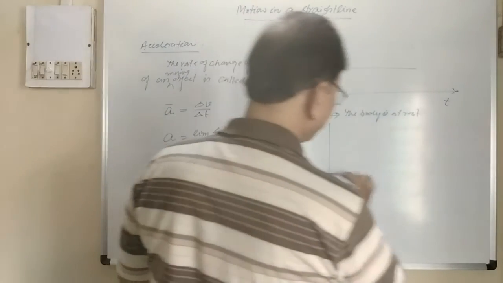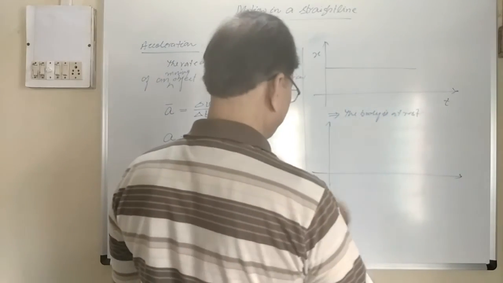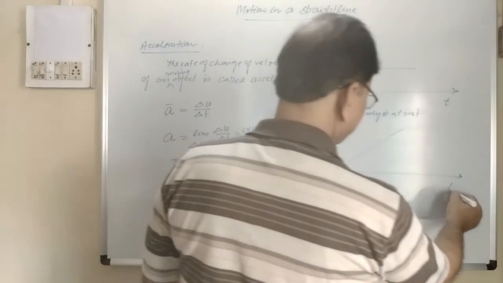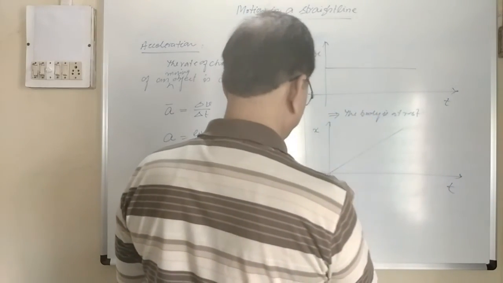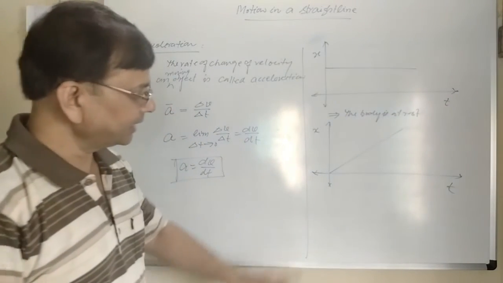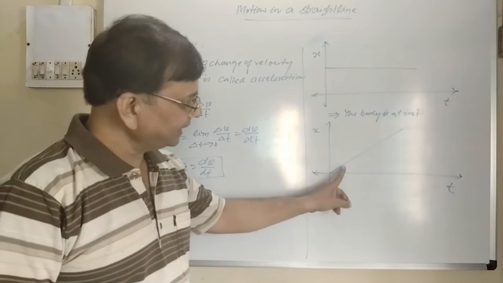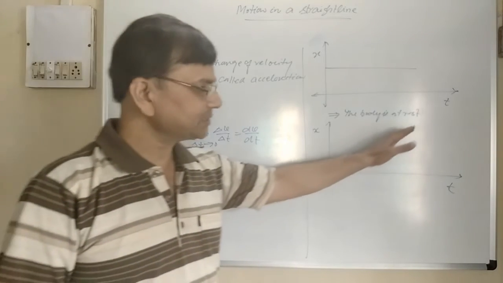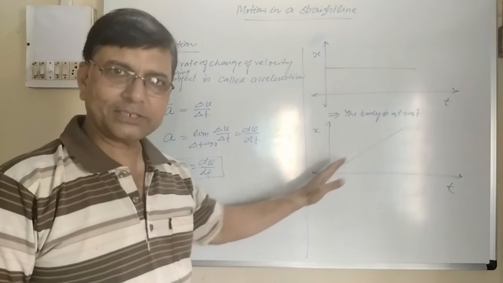Here is another graph we will draw. It is x and this is t. Here, at every point, the slope is constant.